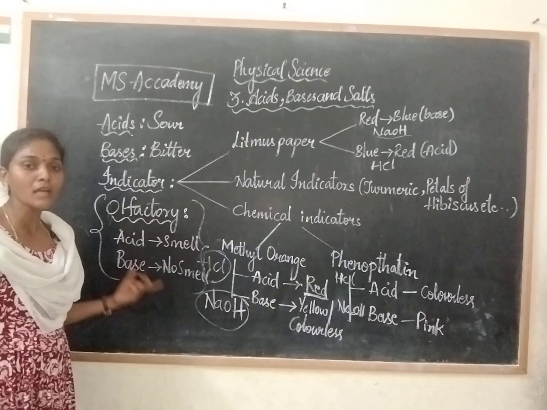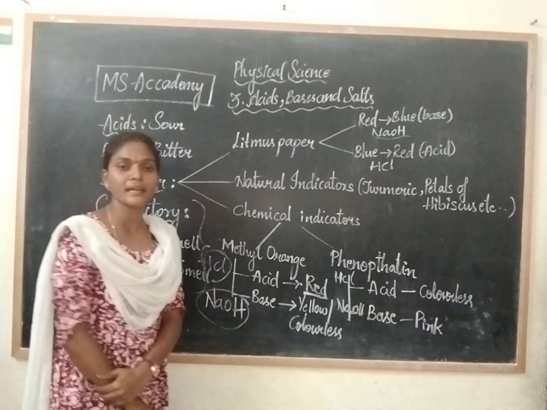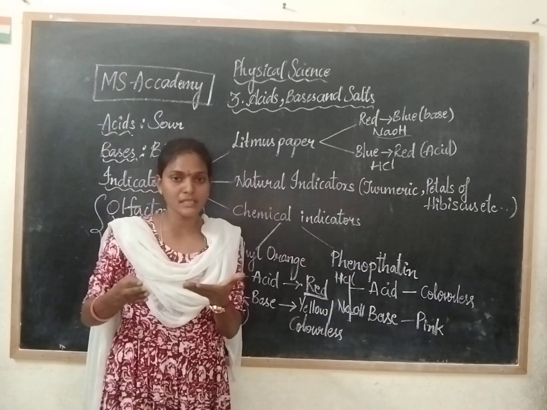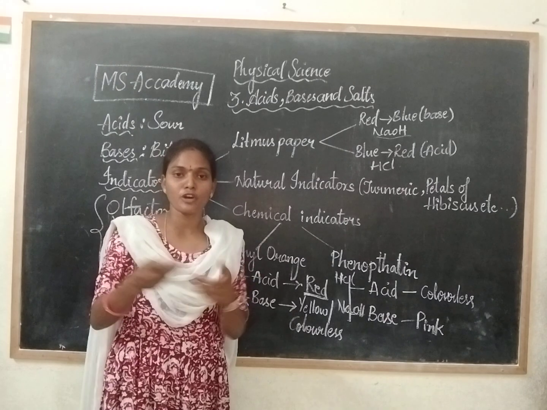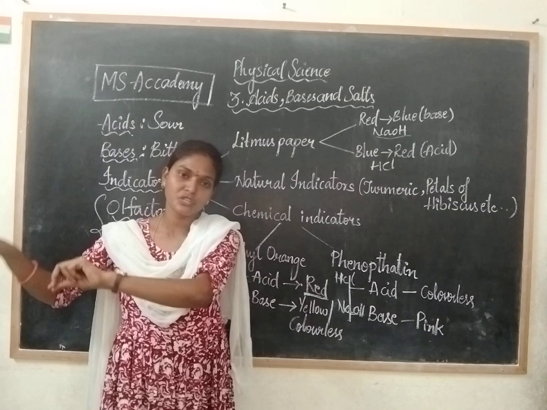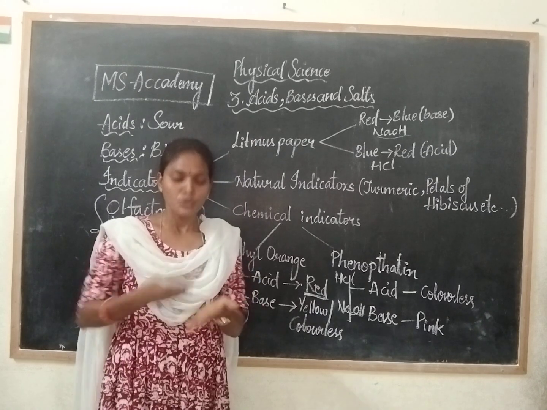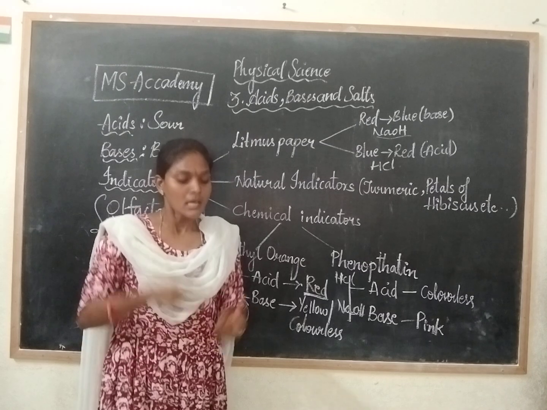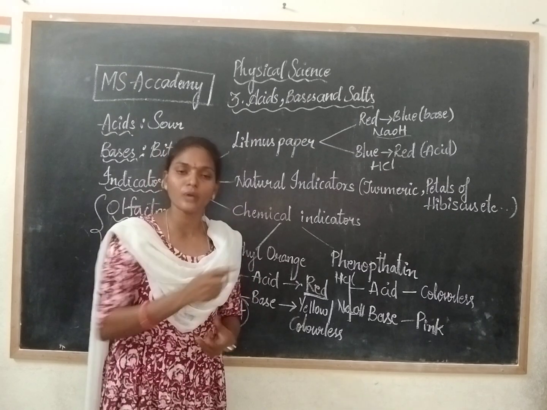Once more I will repeat how we prepare these olfactory indicators. Take an onion, chop the onion into small pieces, keep those pieces of onion in a piece of cloth, tie the cloth tightly, and keep it in a refrigerator overnight. Next day, you remove the pieces of onion and wash the cloth with distilled water. Now cut the cloth into 2 equal halves.